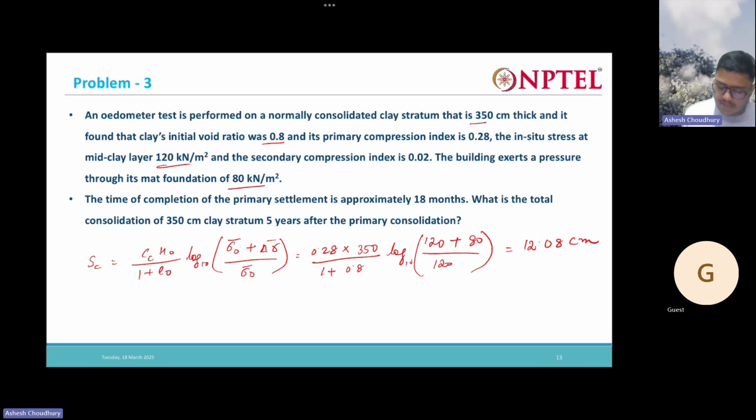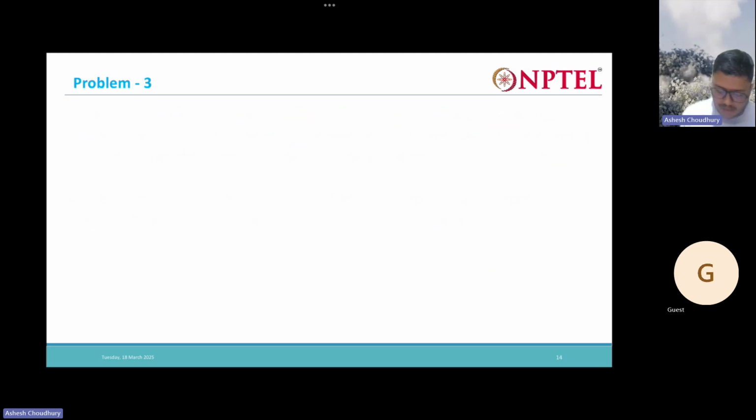Now how to get the secondary consolidation? Now secondary consolidation we can have H100, which means 800 is the thickness at 100% consolidation. e100 is the void ratio at 100% primary consolidation.